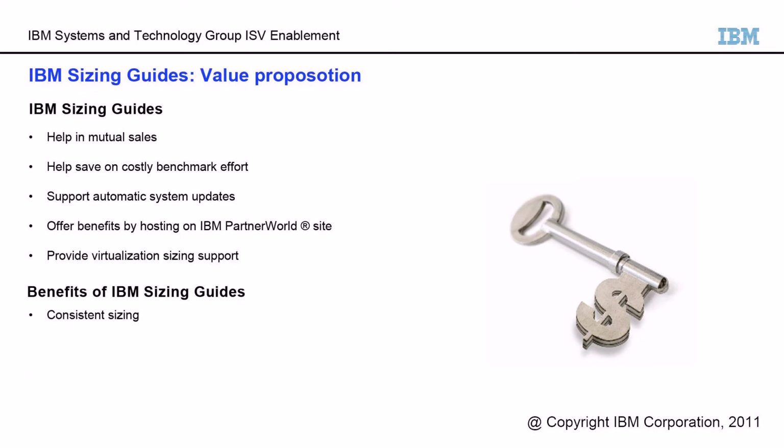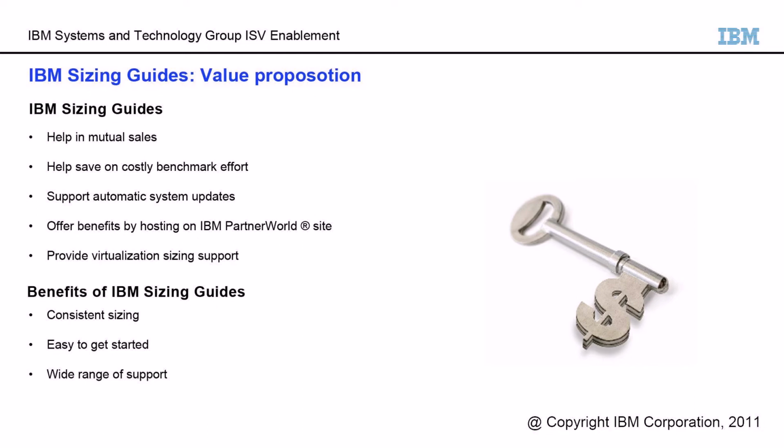The Sizing Guide delivers a consistent solution every time, setting correct expectations for the customers. Because the Sizing Guide recommends the currently available IBM systems, you do not need to worry about new or withdrawn system lists. You can use the IBM user-friendly toolkit to quickly and easily create your sizing guide.